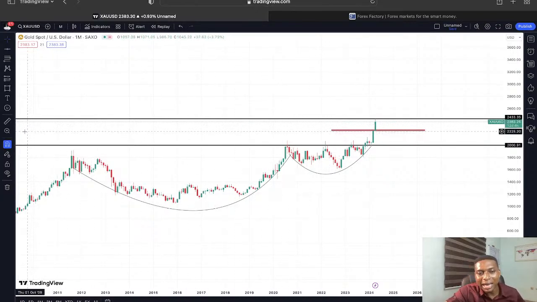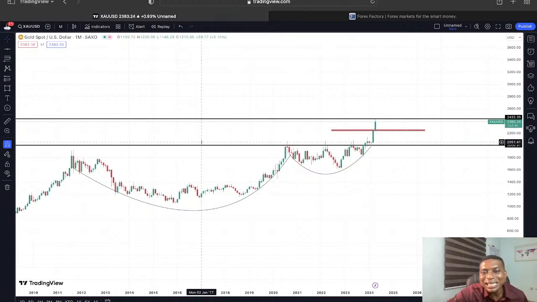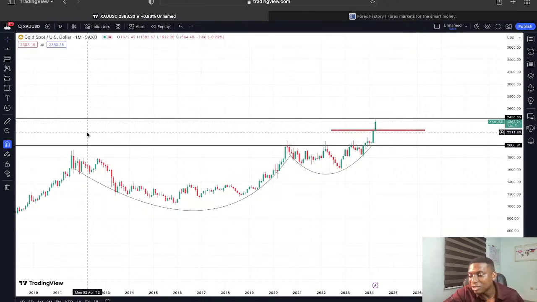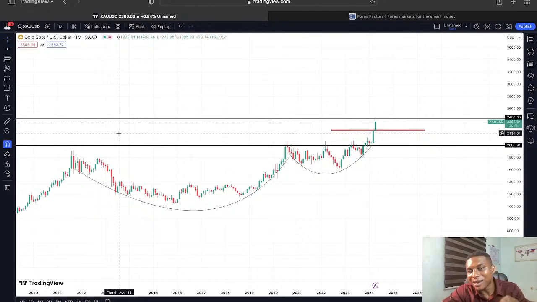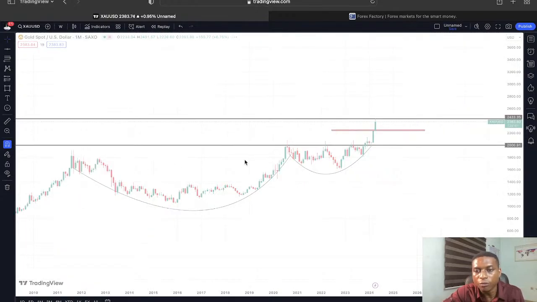When you look to the right, there had not been any time where price touched that region before. This is a significant indicator that needs to be observed: gold has a higher probability of reversing.